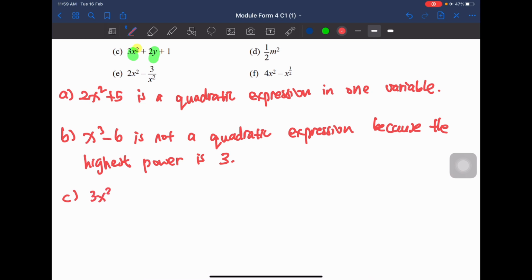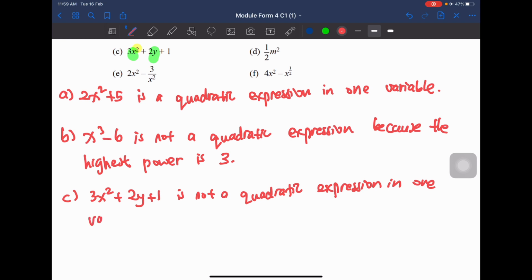So 3x square plus 2y plus 1 is not a quadratic expression in one variable because there are two variables x and y. So tak boleh, dia kena ada satu sahaja.